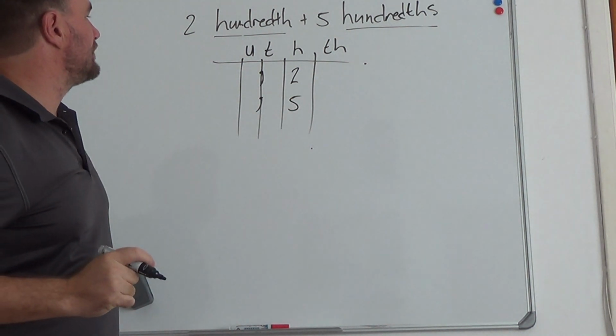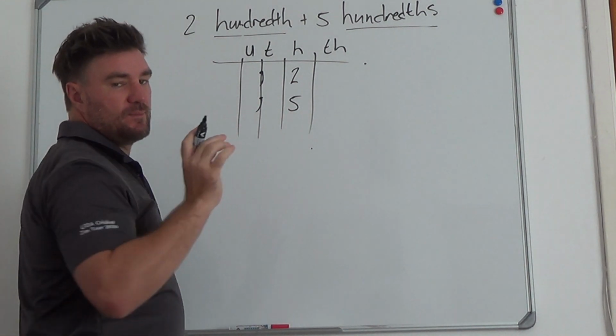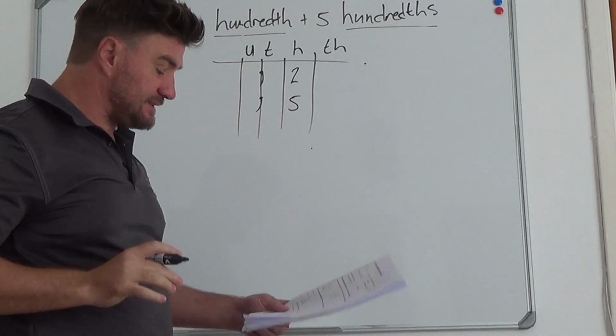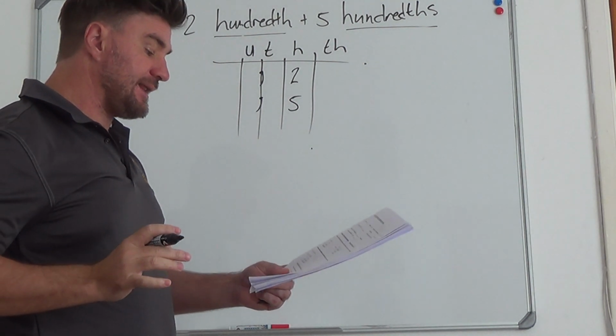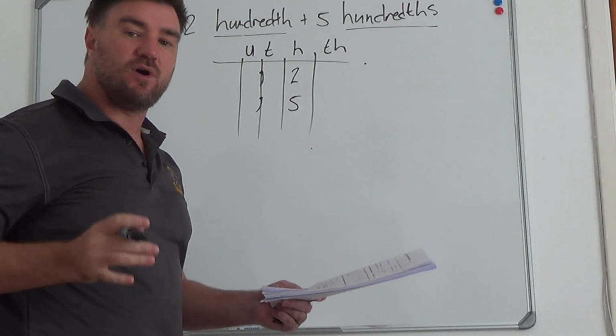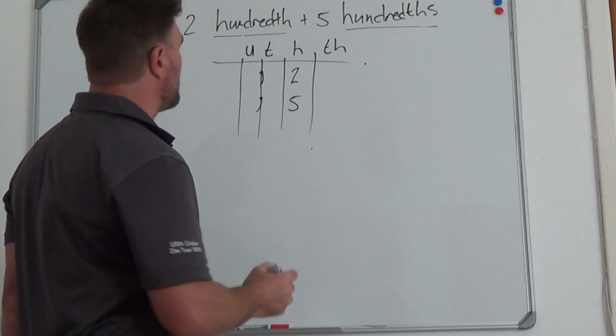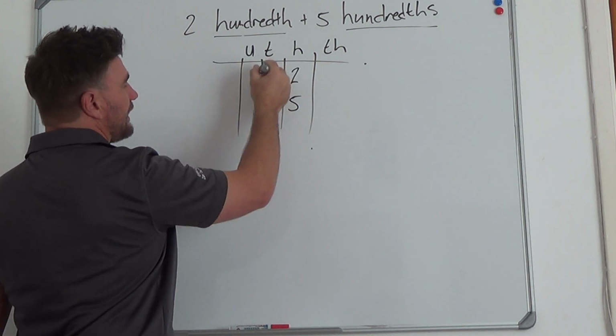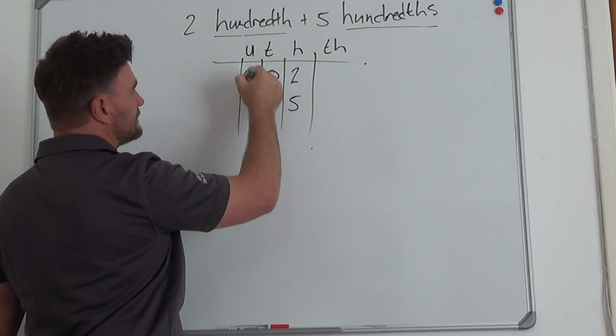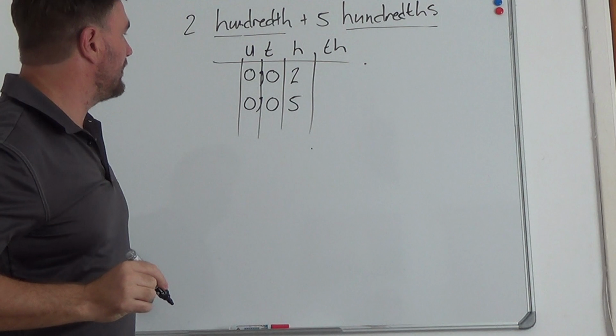We must remember as well, as it says in bold there, remember when adding and subtracting that you can use zeros as placeholders. So there we've got nothing, we're going to put a 0 in there, and before the decimal point or the comma, we can put a 0 as well.